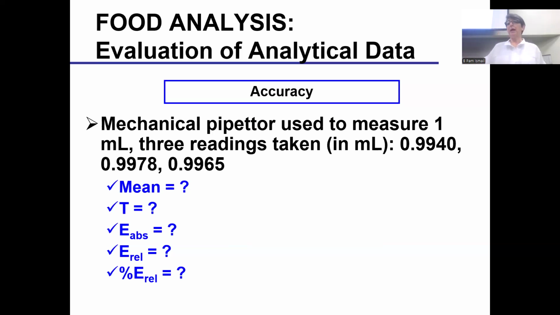One of them will be the mechanical pipette. So practice those calculations. You can definitely get those values on Excel by plugging in the equations, but it's good to know. You might be asked to do that in a quiz. So it's good to know how to do these calculations.